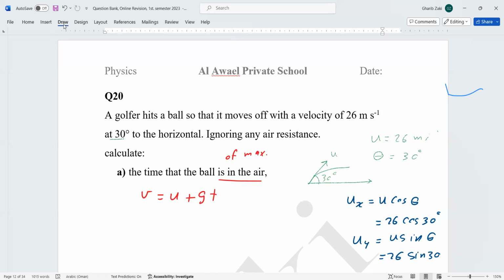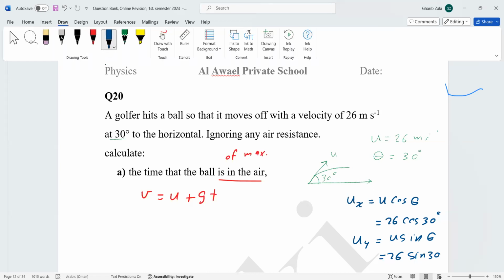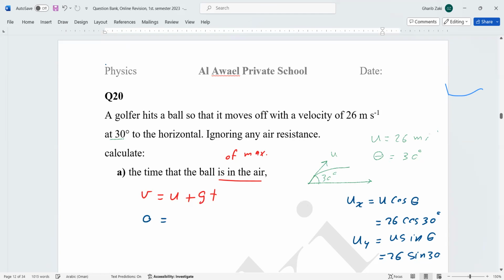So the V equals 0 at maximum height. Vy at maximum height, Vy equals 0. And Uy, it is 26 sine 30. It is 13. So Uy is 13.